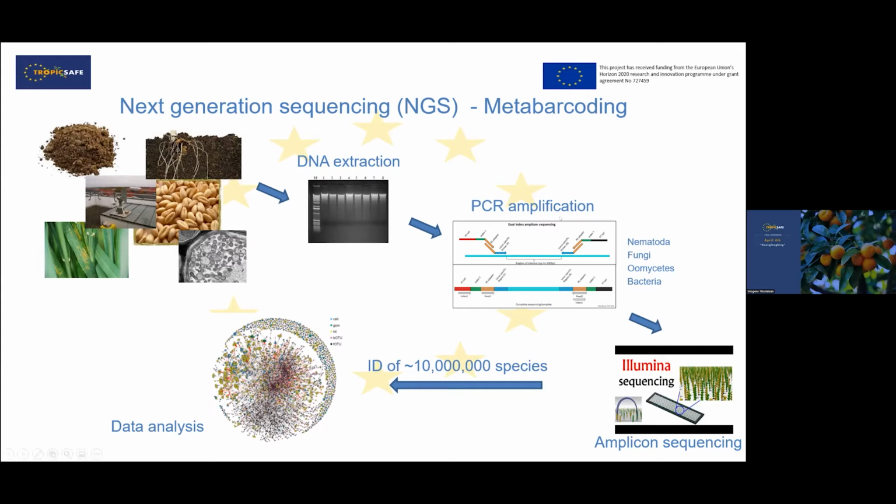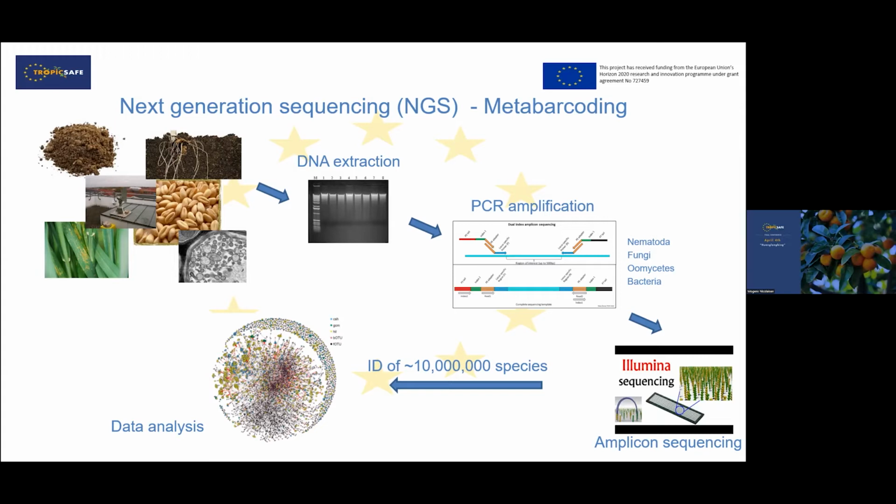After PCR amplification, we do what we call amplicon sequencing on an Illumina MiSeq sequencer. By sequencing in this way, we are able to obtain, say, 10 million individual sequences from the amplification.